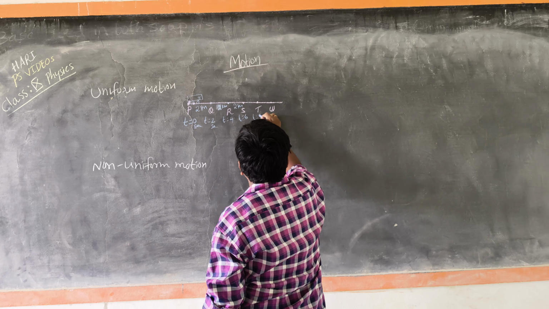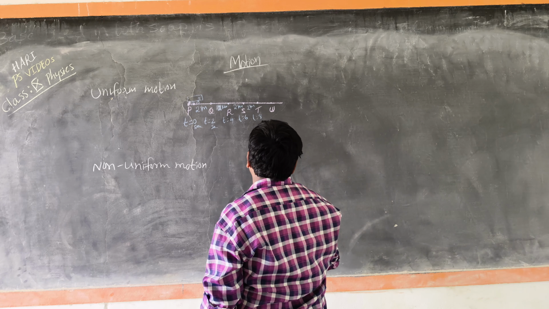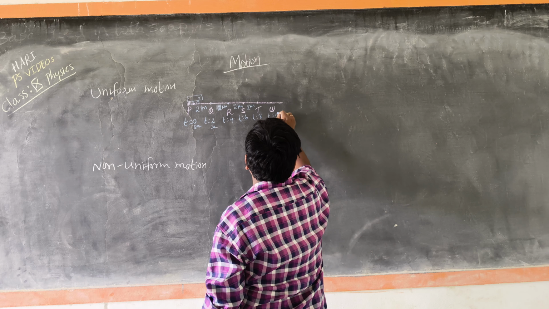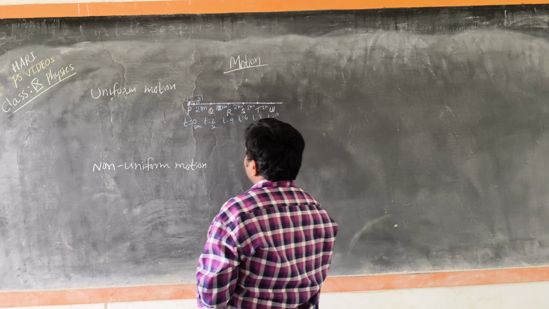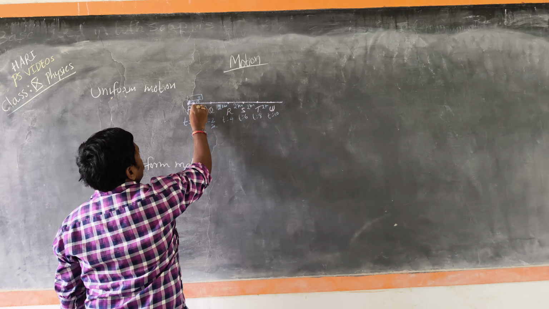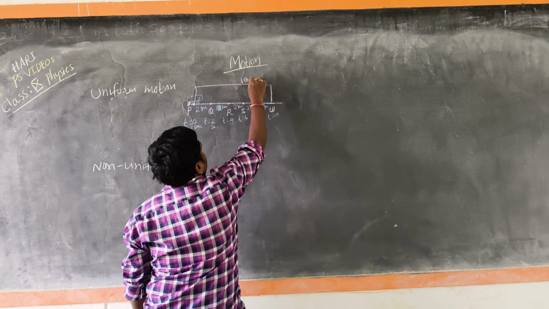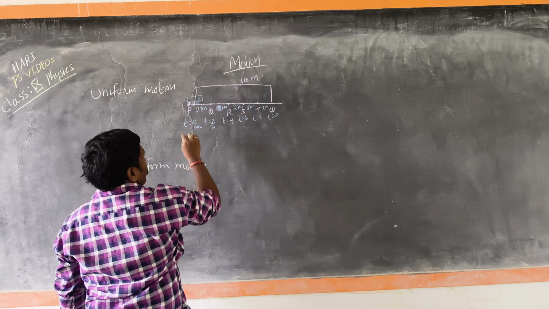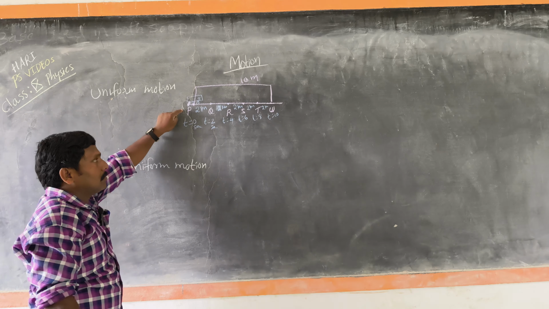At time 8 seconds, it also covers 2 meters. So the total length between P and U is 10 meters. At t equal to 0 seconds it is at rest.